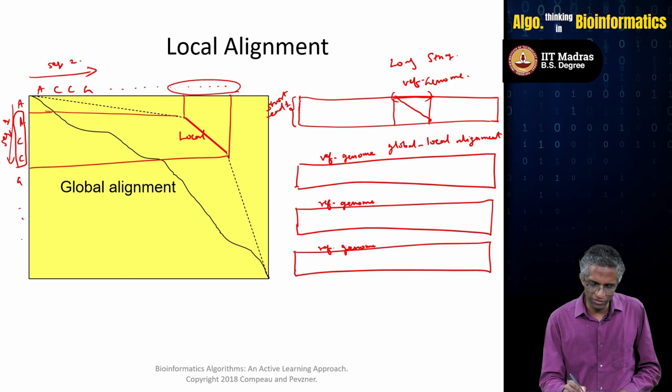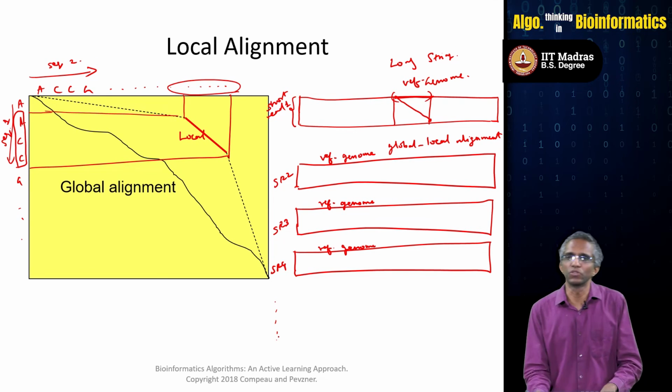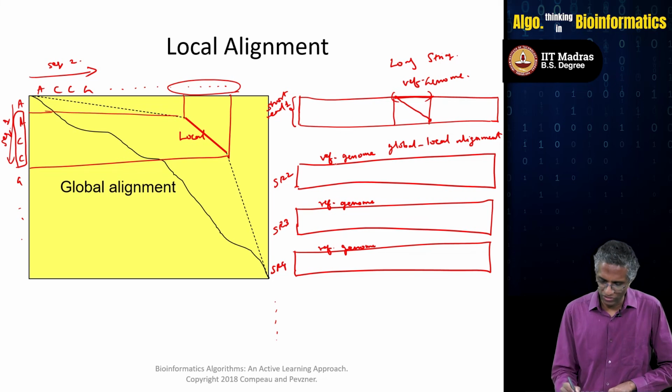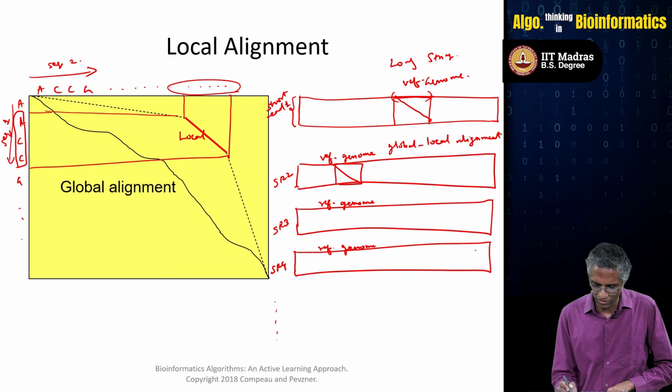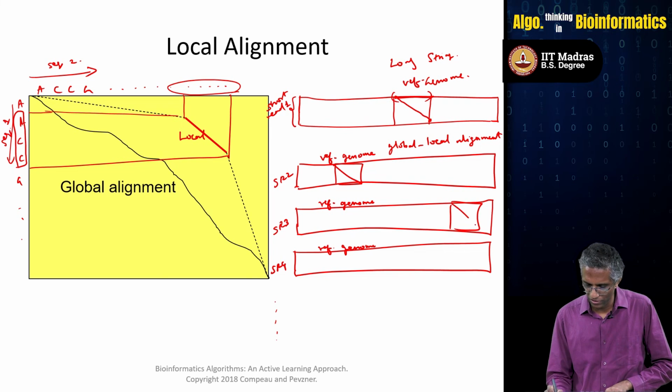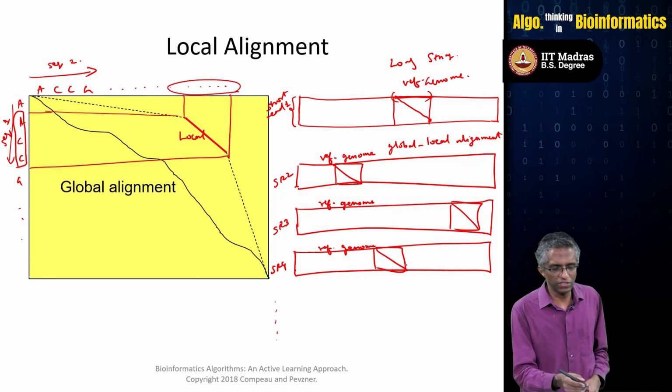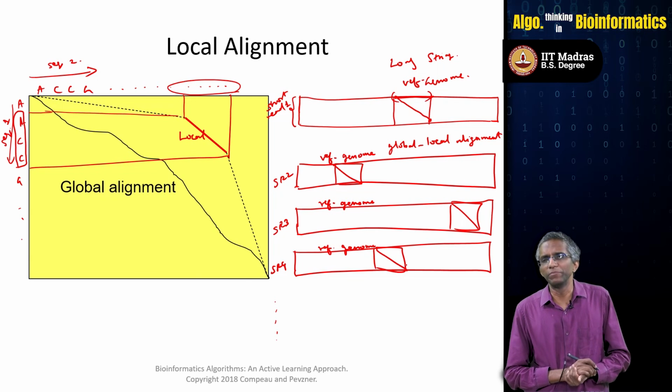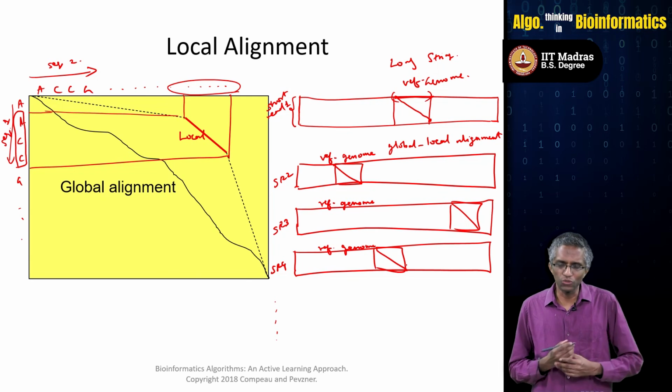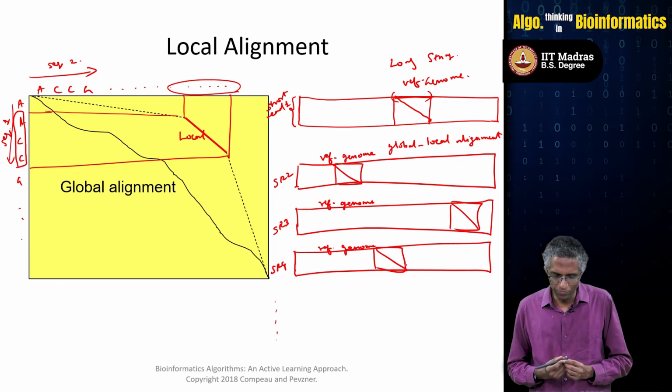But this is short read 1, this is short read 2, this is short read 3, this is short read 4, and so on, till millions or billions of short reads. And then this may match here, this may match here, this may match here, this may match here. So this is how the problem of short read mapping relates to the sequence alignment problem.